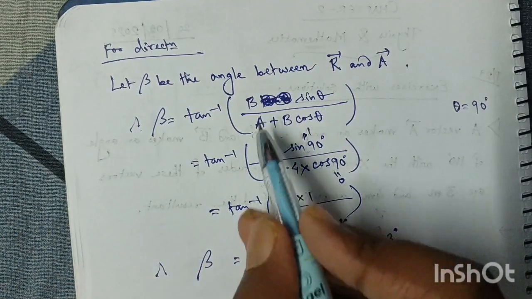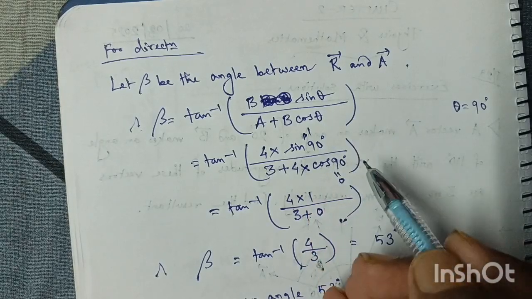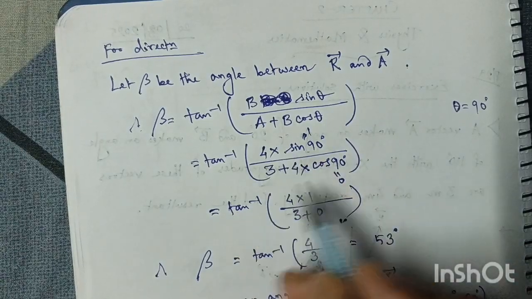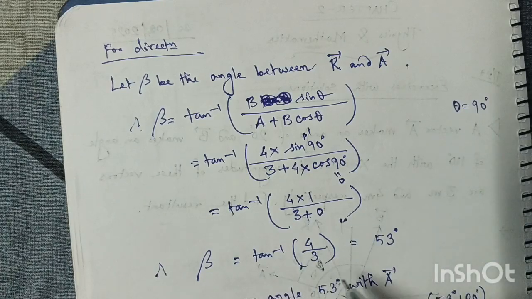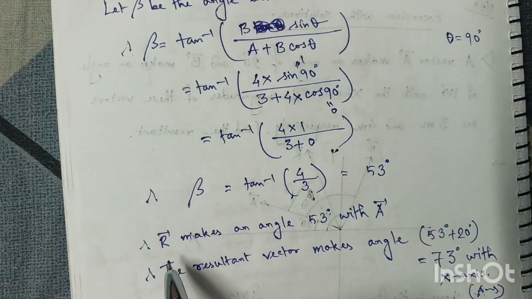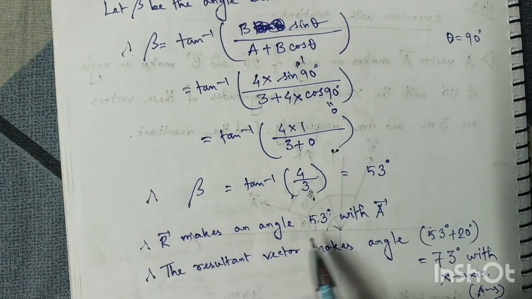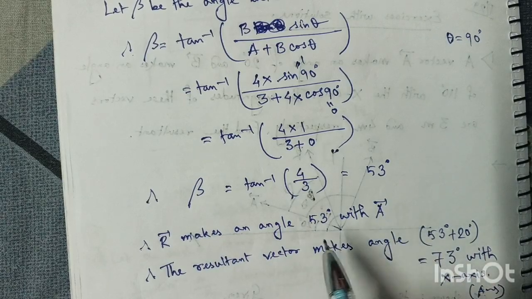Here B is equal to 4, theta is equal to 90 degrees, and A is equal to 3. Putting in these values, we get tan inverse 4 by 3, which is equal to 53 degrees. Therefore R, the resultant vector, makes an angle of 53 degrees with the vector A.